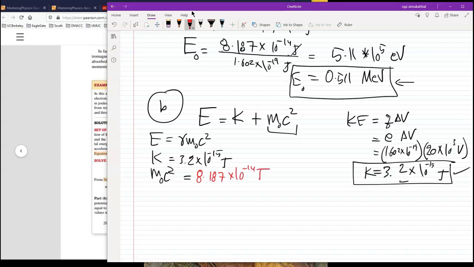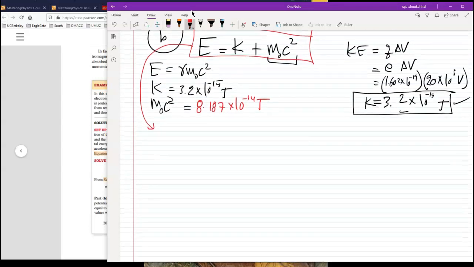So let's plug all of that in and watch what happens. E is equal to gamma m naught c squared, equals K, let me just call it K for now, and I already know what K is, plus m naught c squared.